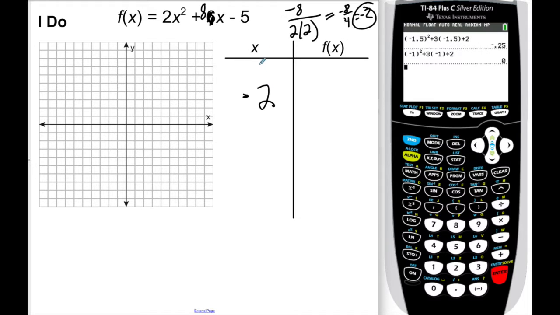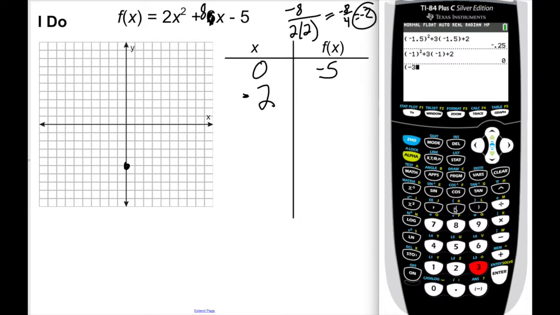Now, remember, what's our nice easy point? 0, negative 5. Okay, so I plug in negative 2, two options on my calculator. Now here's where you've got to be careful. 2 is the leading coefficient.